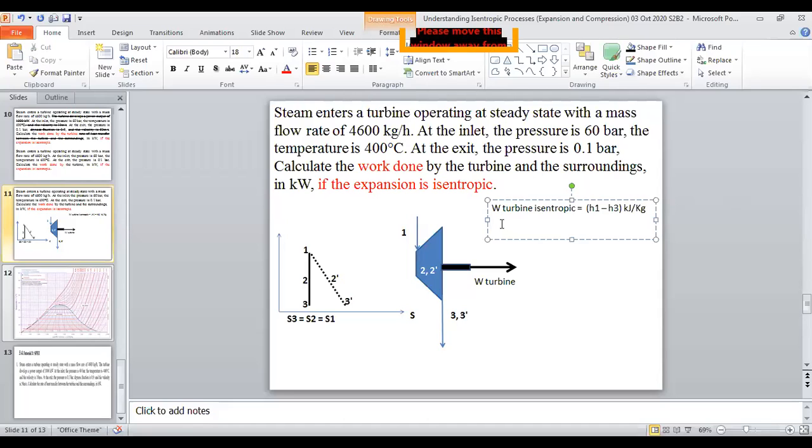So this can be converted into mass flow rate times H1 minus H3. Mass flow rate you take as kilogram per second.